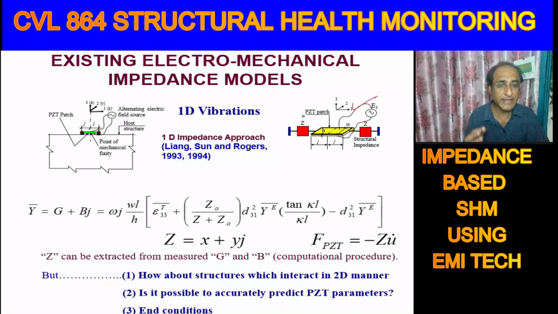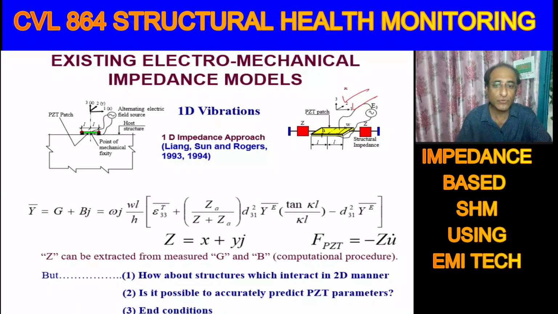So when you are applying a sinusoidally varying electric field, the piezo will also undergo vibrations about axis 2 and axis 3. All these are together. Especially in 2D structures, the lateral vibrations of the piezo patch also become significant.